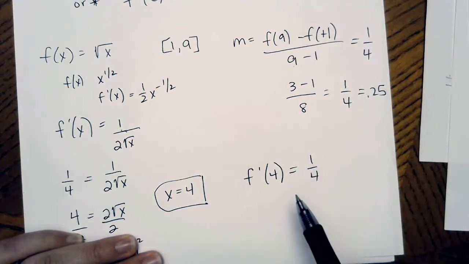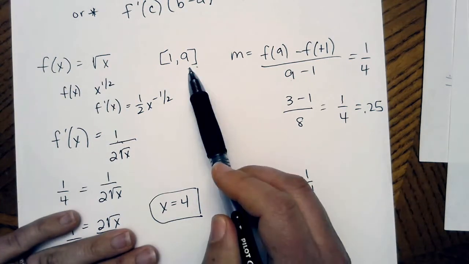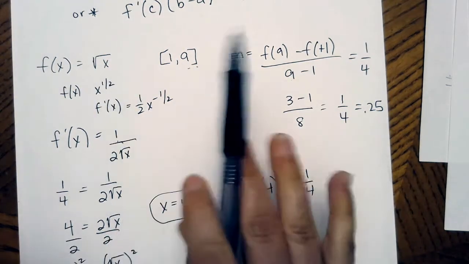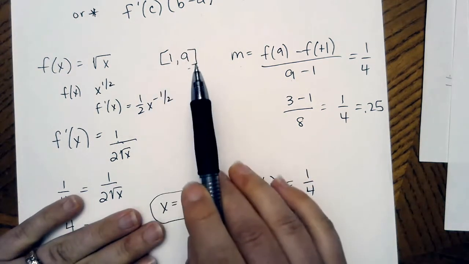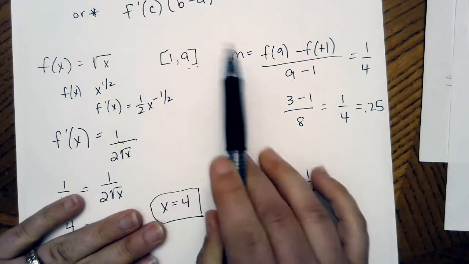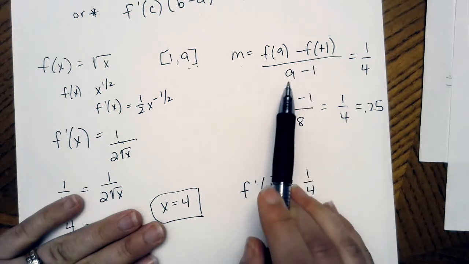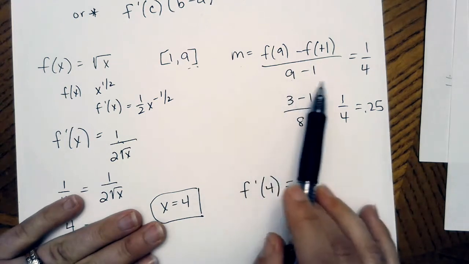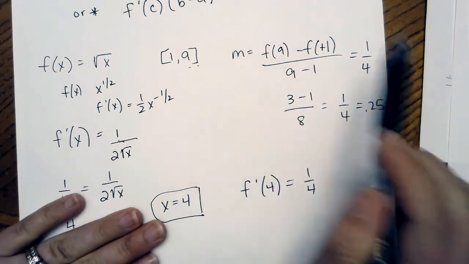So that finishes off my mean value theorem. I basically just did the slope between these two points, just basic pre-calculus slope. I plugged in 9, I get y is 3 here. I plugged in 1, I get y equals 1 here. And then I just subtract 9 minus 1 in the bottom. So this is not the derivative, this is just me calculating the slope.